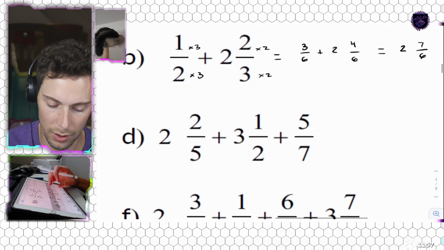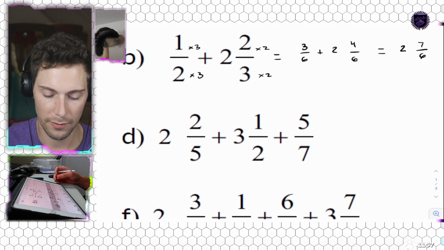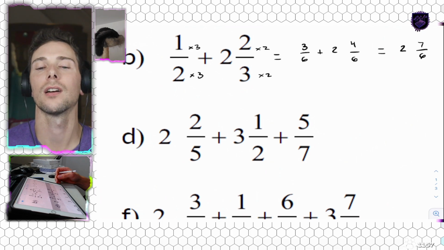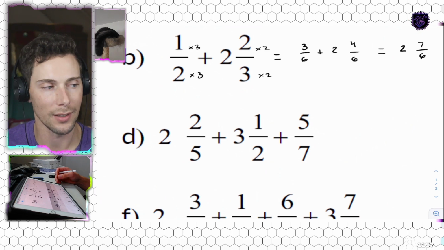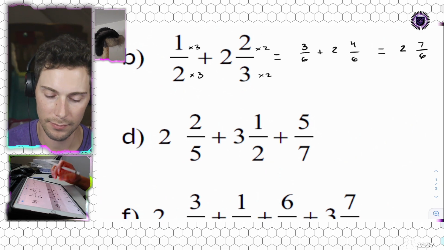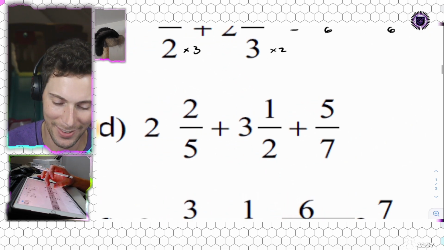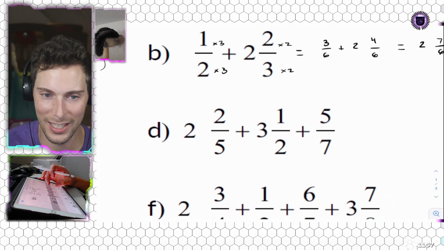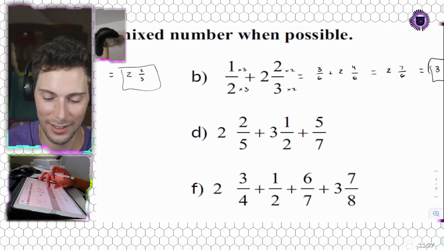Oh, goodness. 5, 2, and 7. What's the lowest common multiple? It's going to be 70. I don't like that. Jeez. 70. Let's check it out.